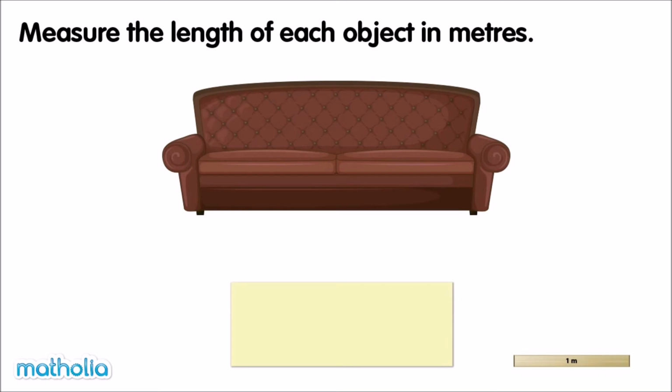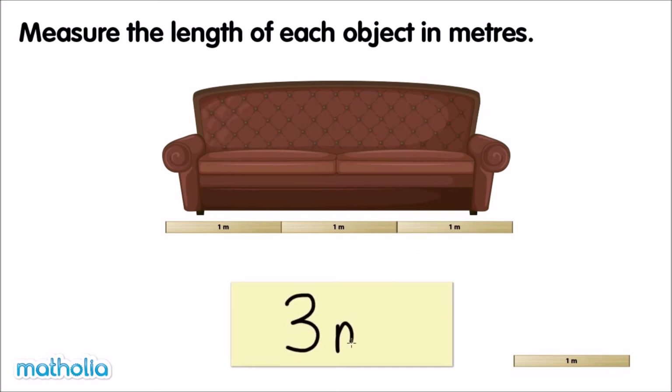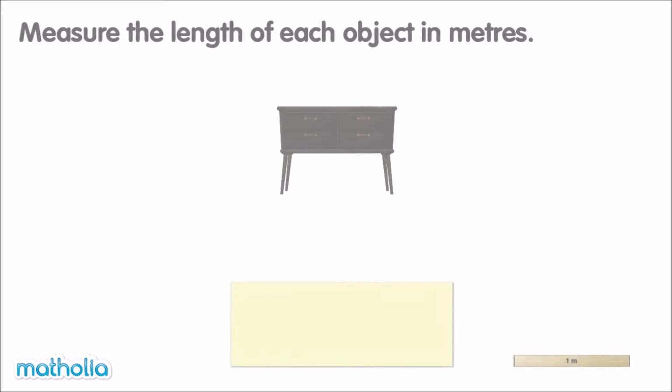Measure the length of the sofa. The sofa is about 3 meters long. 3 meters. Measure the length of the drawers.